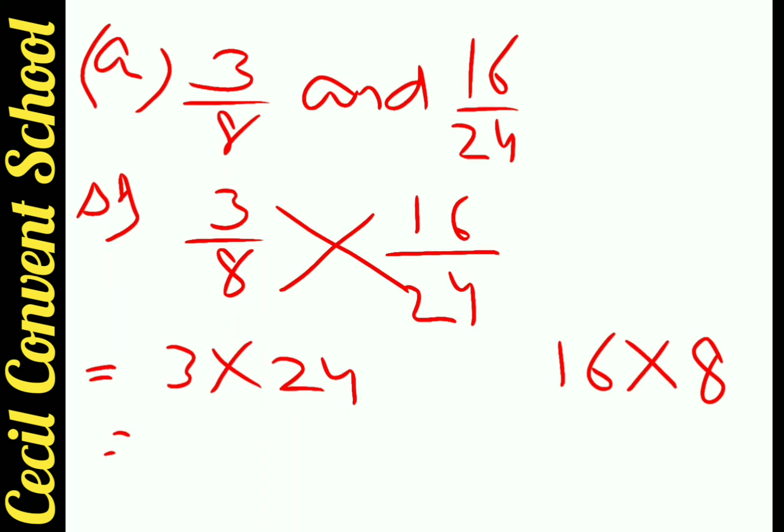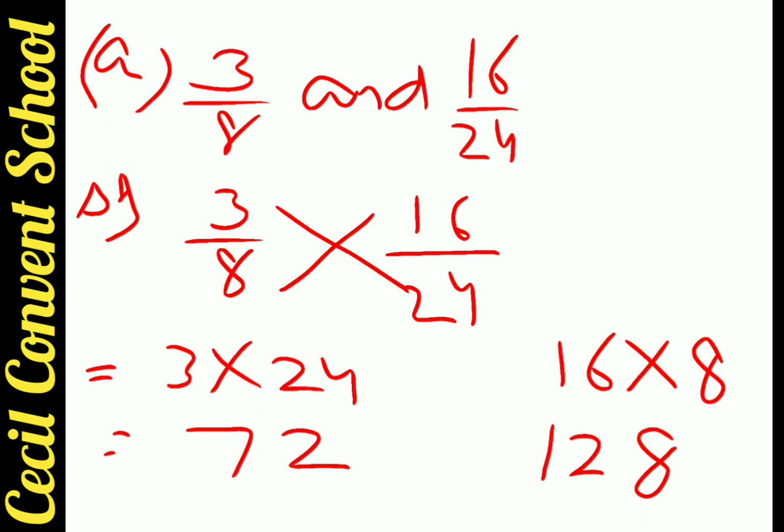Then 3 fours are 12, 3 twos are 6. Clear? So the answer comes 72. Now 8 sixes are 48, it comes 128.